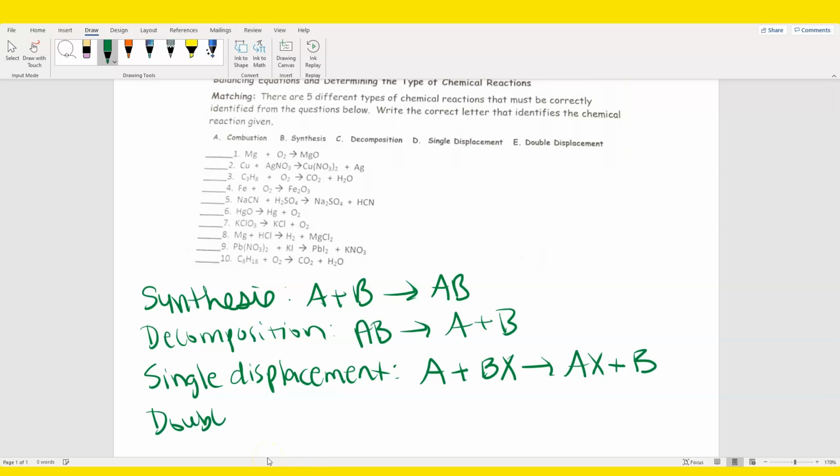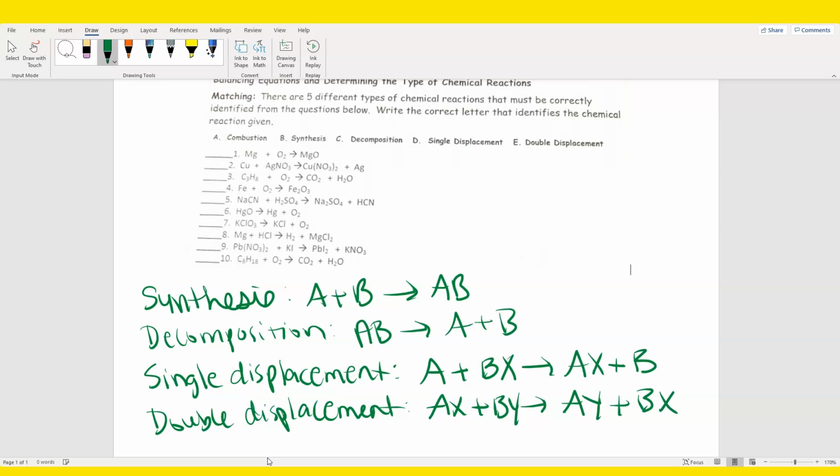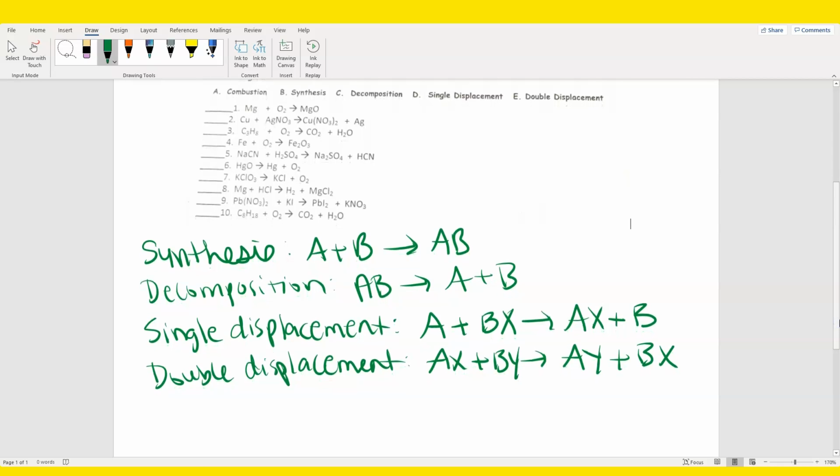Double displacement is when they're all swapping around with each other, okay? So AX plus BY is going to now form 2 new compounds over here. And again, these are hypothetical symbols that I'm using, but you get the point, okay?